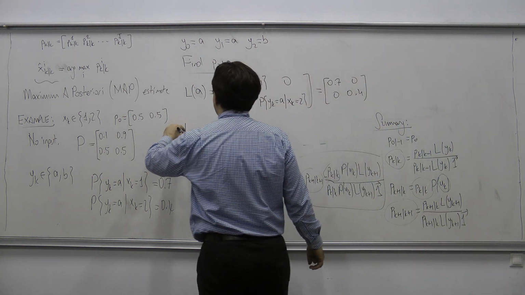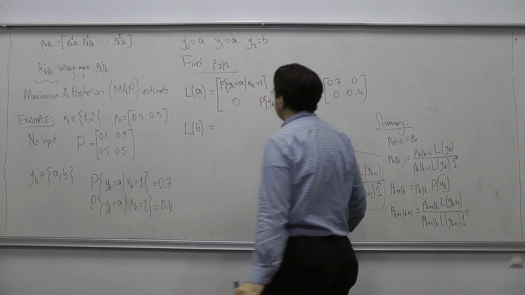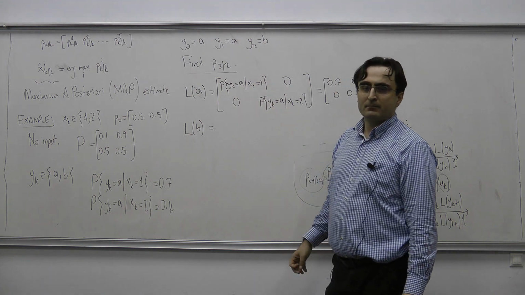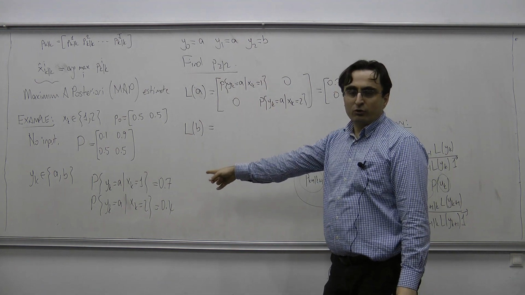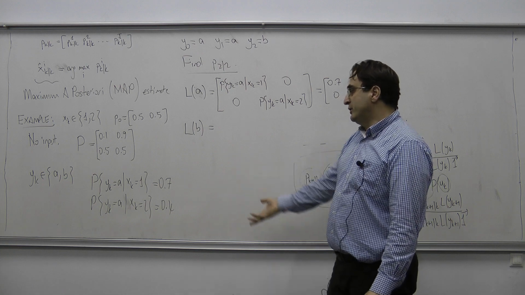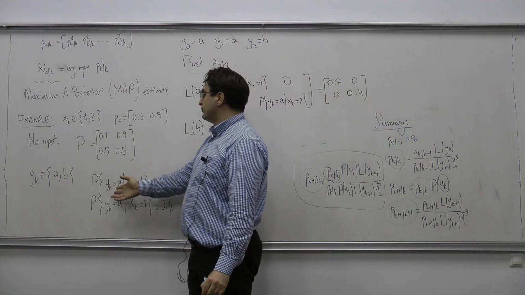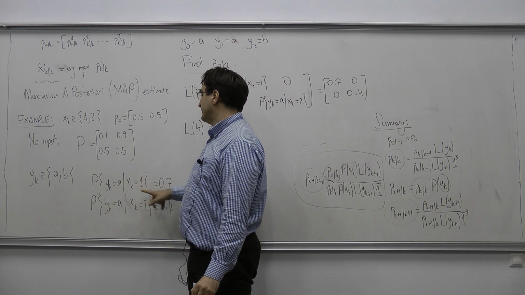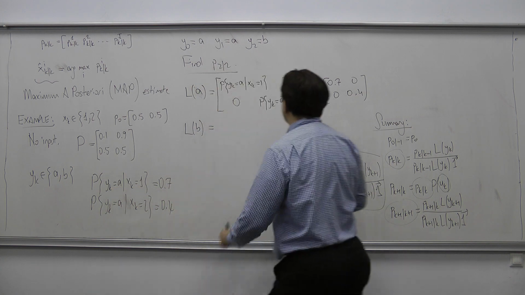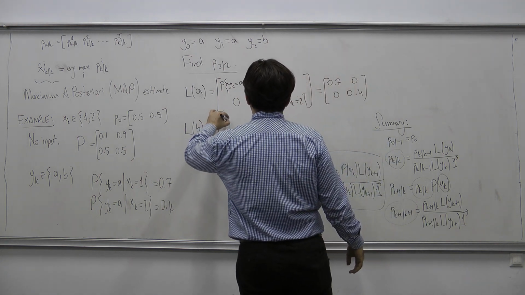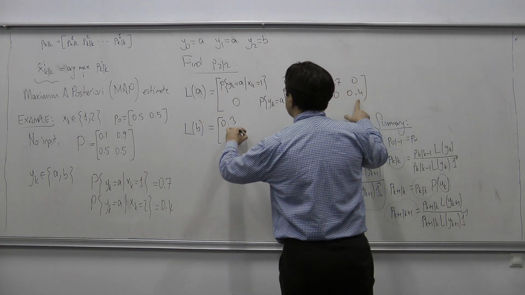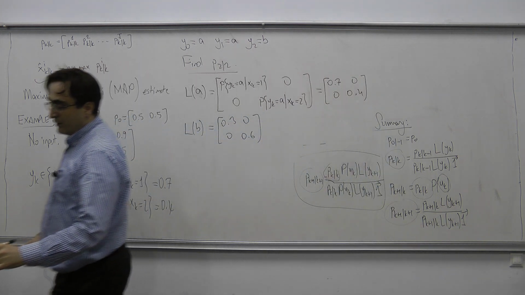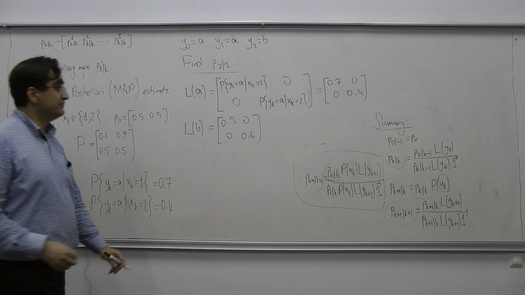And L of B is going to be the same matrix except yk is going to be B. I'm not given those probabilities, but since yk takes two values, the probability that yk is equal to B given xk is equal to 1 is going to be 1 minus this probability, which is 0.3, and 1 minus this probability is 0.6. So this is the second likelihood matrix.